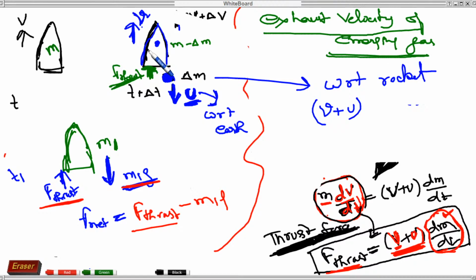But suppose some person is sitting on this rocket. When he sees this delta m, he will say that it is coming down with velocity v plus u. I discussed this in the chapter on relative velocity, where I told you how to calculate this velocity.